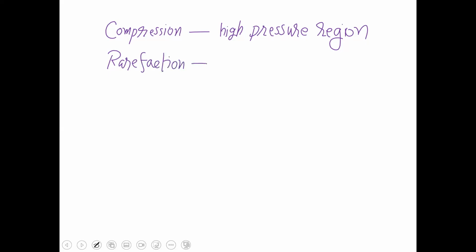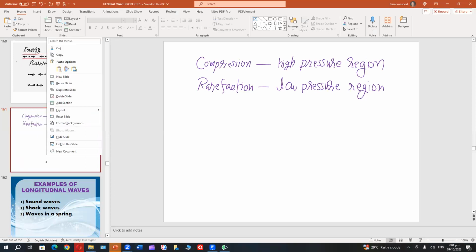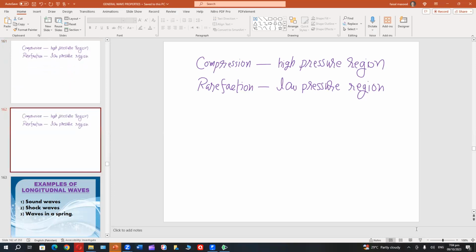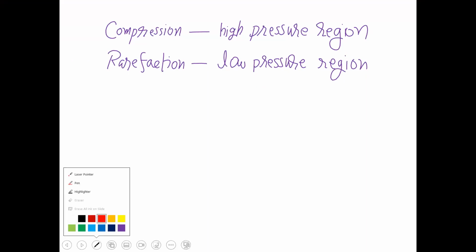What is a rarefaction? Rarefaction is a low pressure region. Should we copy this? Yes, you have to copy this screen.